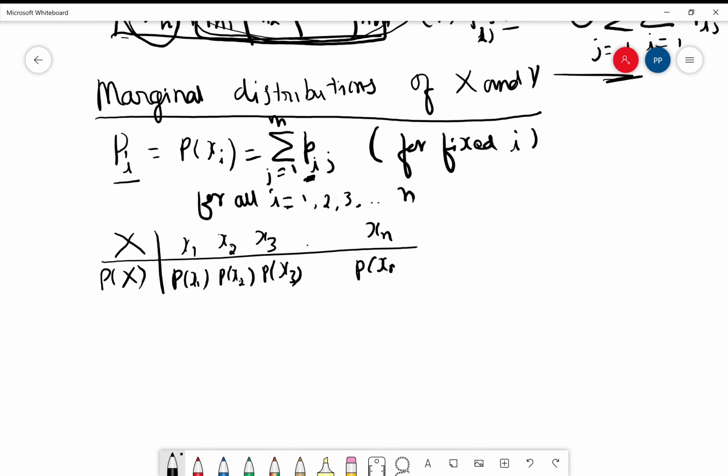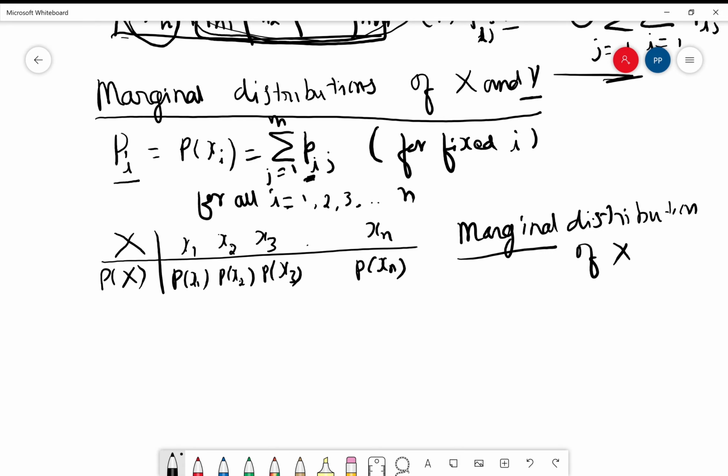This is called the marginal distribution of x. Instead of marginal, you can call it the distribution of x or the separate distribution of x.